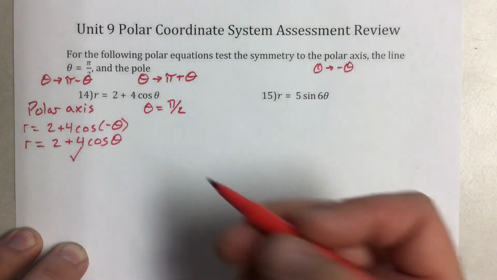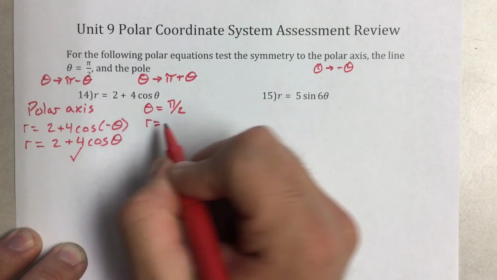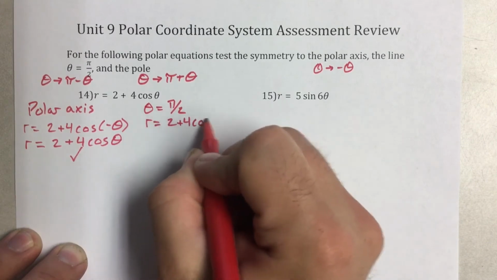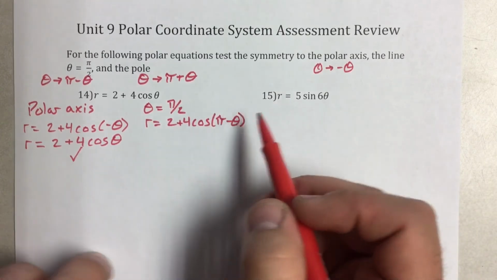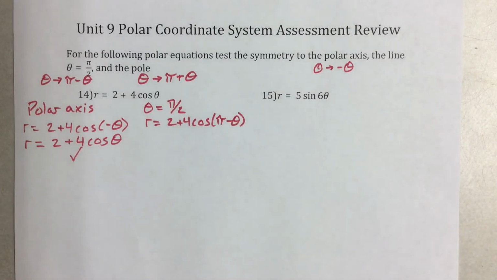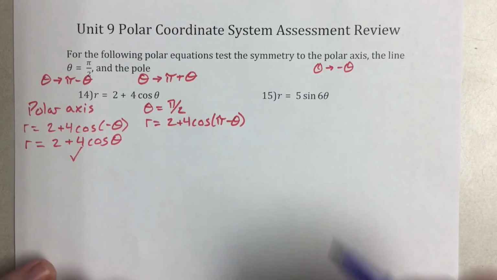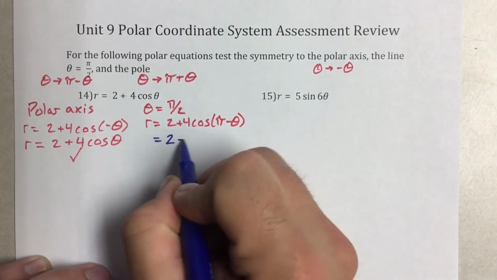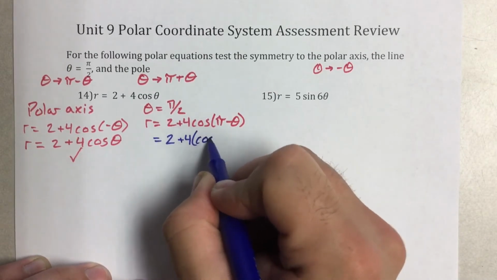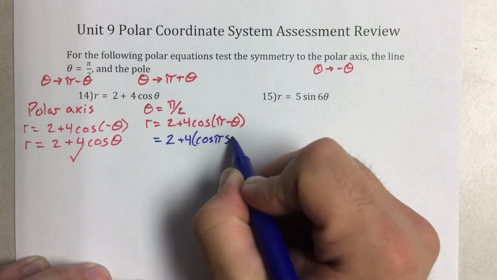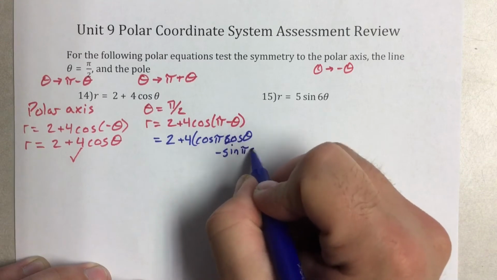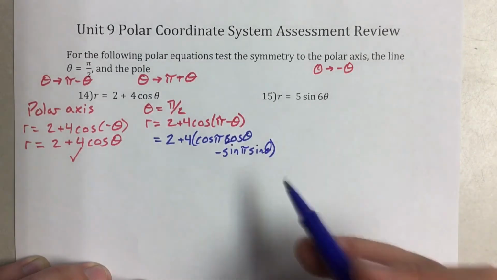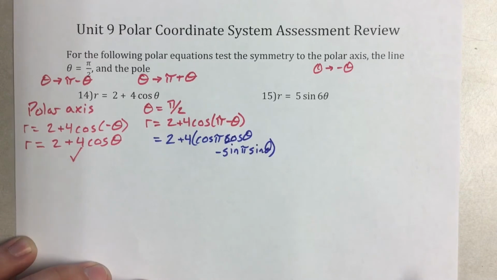So testing to this line of pi over 2, we have r equals, let's see, 2 plus 4 cosine of (pi minus theta). This is a perfect example where we're going to have to use the cosine difference identity, which we talked about in the skills review. So let's see, we get 2 plus 4, okay, cosine pi cosine theta, minus sine pi sine theta, trying to leave space over here, and that's simplified.